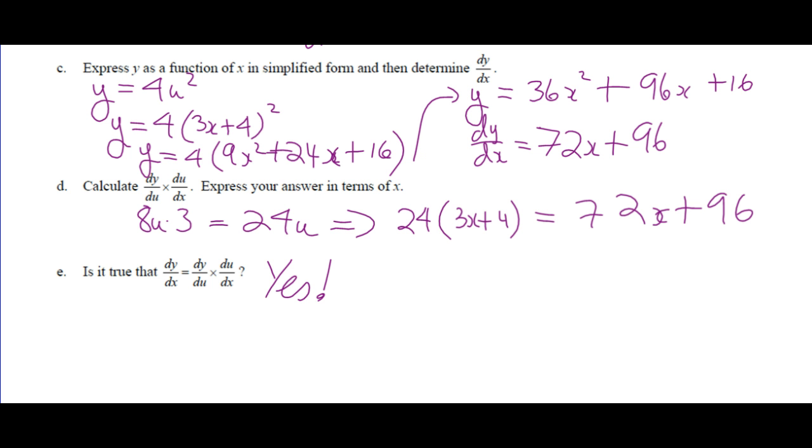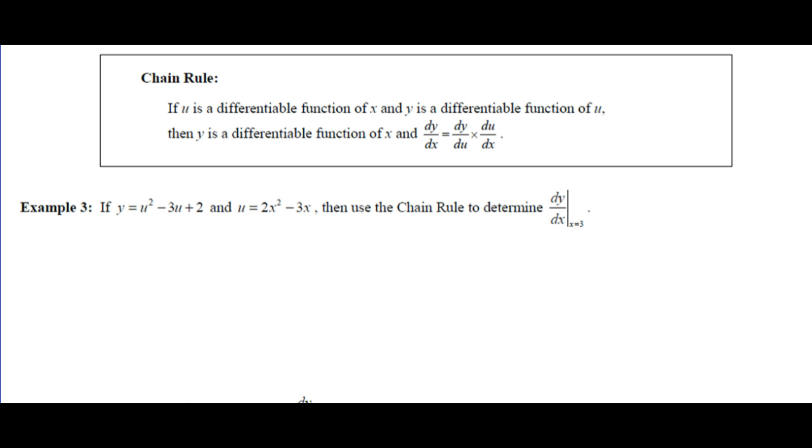All right, example 2 of 27. The chain rule. Here we go. If u is a differentiable function of x and y is a differentiable function of u, then y is a differentiable function of x and dy by dx is equal to dy by du times du by dx.